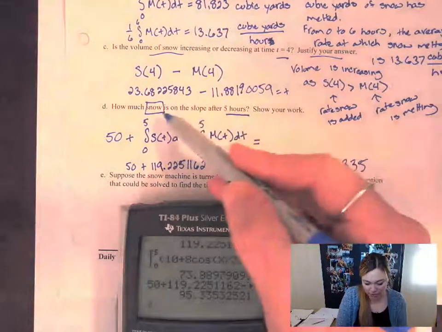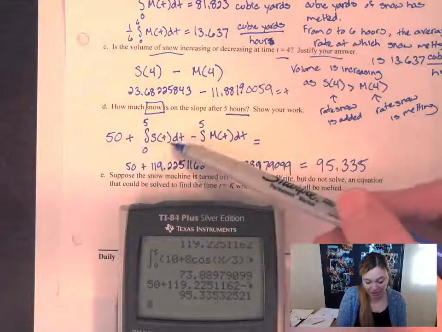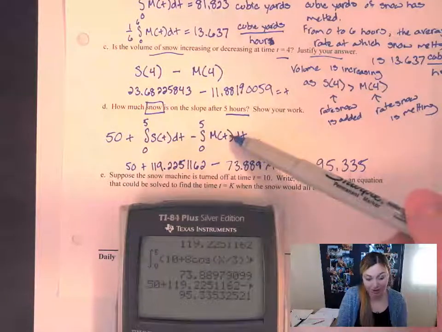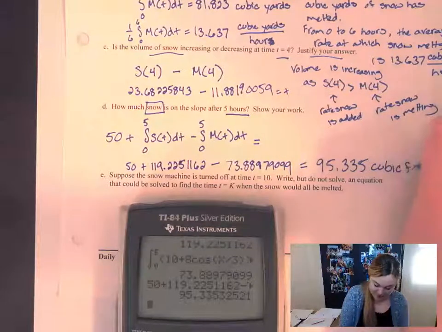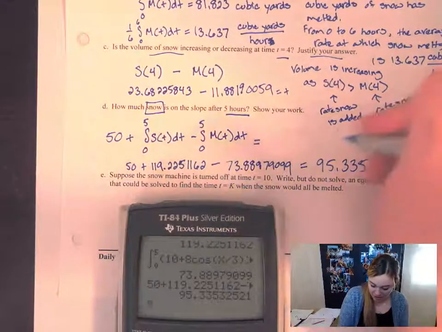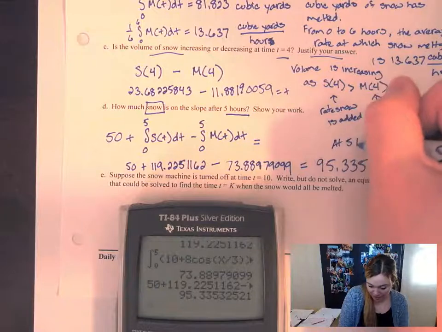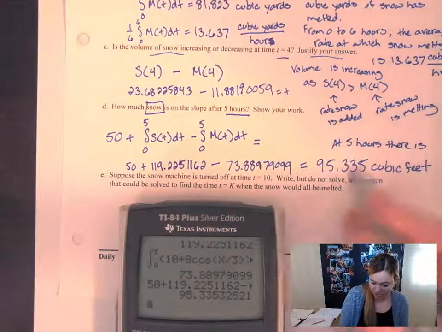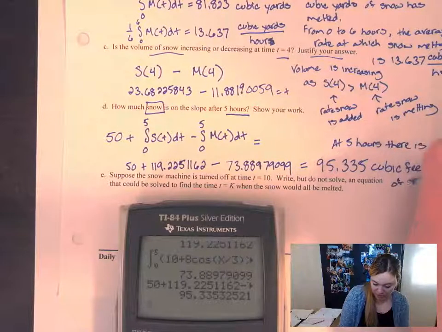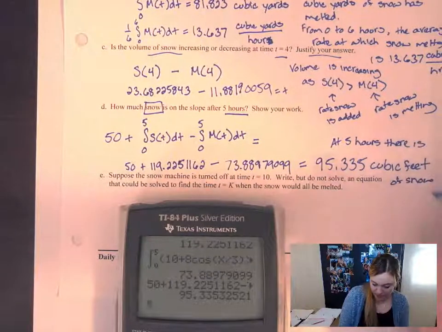How much snow is on the slope? This was cubic feet. I'm integrating cubic feet per hour. This would be just cubic feet. So at 5 hours, there is this much cubic feet of snow on the slope.